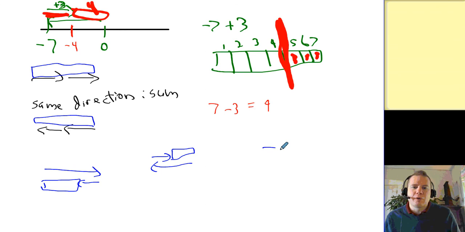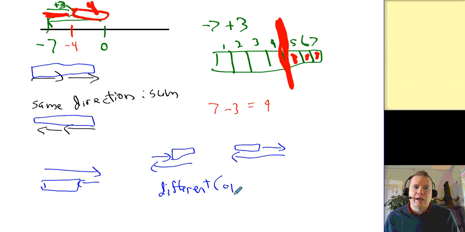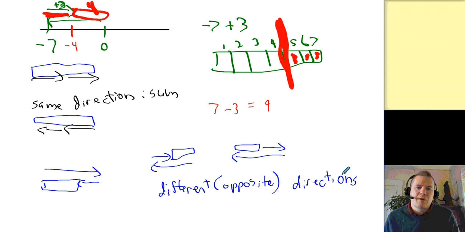Or if I start out going positive and then go really far in the negative. Doesn't matter which one I started out as. I'm getting the smaller, what's left over from that longer number. That's going to be my answer, right? So different directions. And since on the number line we only have two directions, I could say opposite directions. I'm going to find the difference.